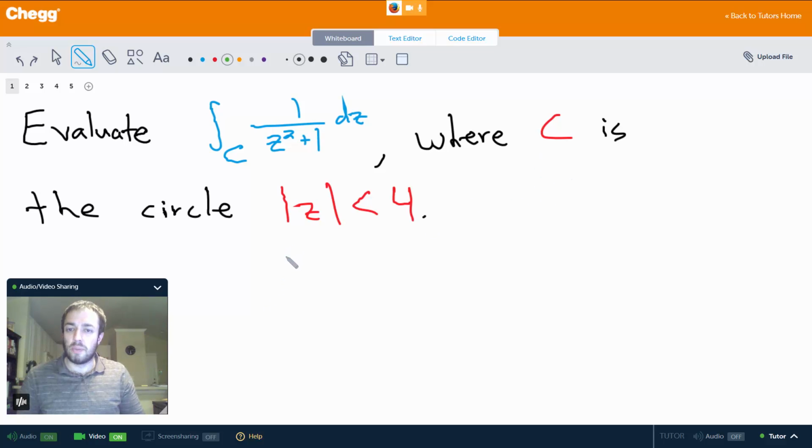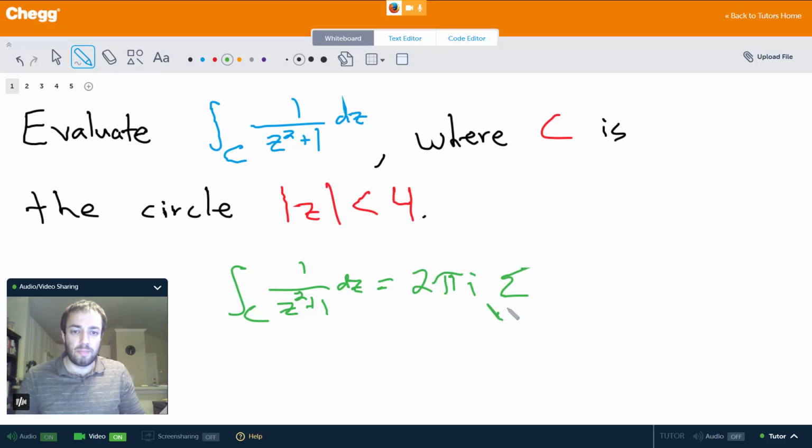So we want to use the residue theorem to evaluate this integral. So how are we going to do that? Well, the residue theorem says that what we can do is take the integral over C of 1 over z squared plus 1 dz, and that's going to be equal to 2 pi i times the sum of the residues. So actually, let's say j, we use j as the index variable, times the sum of the residues. And as it turns out, this actually only has 2 residues.